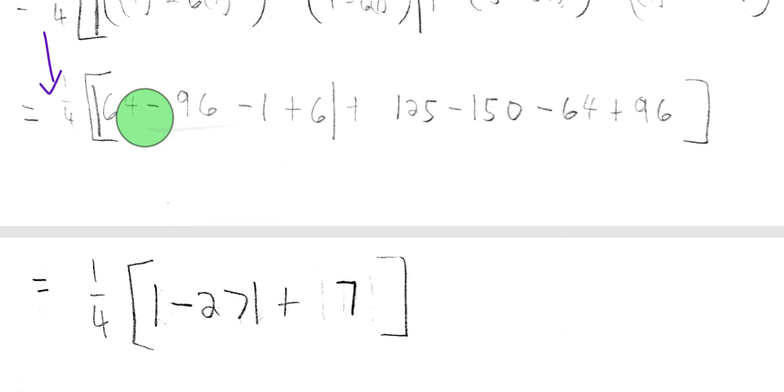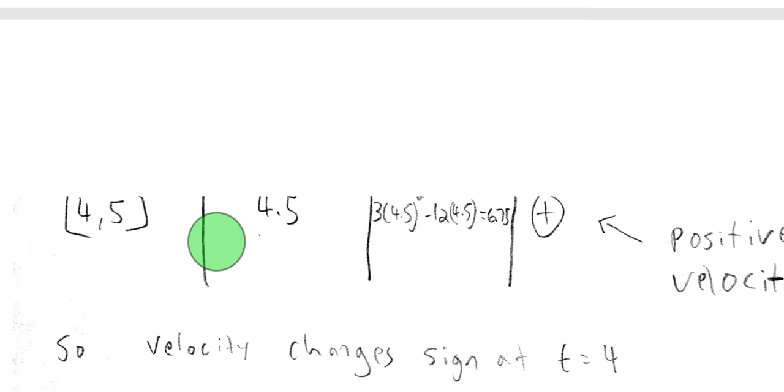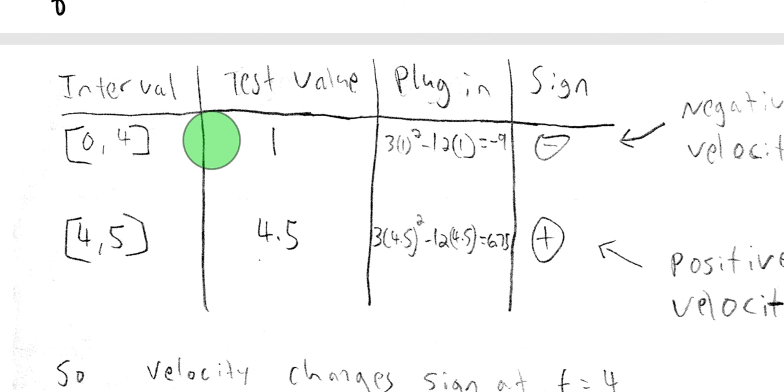So we do some number crunching here, and we get, now remember, for the first part right here, this is going to give me negative 27, right? But because I'm making it positive, it's going to end up being positive 27. That's because we're talking about average speed. Since the velocity is below the t-axis from 1 to 4, we need to take that area and make it positive so we can find the average speed.